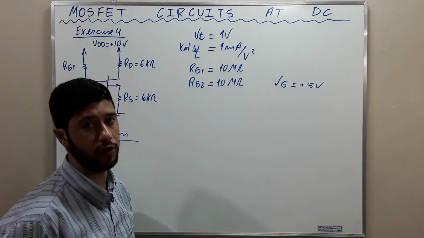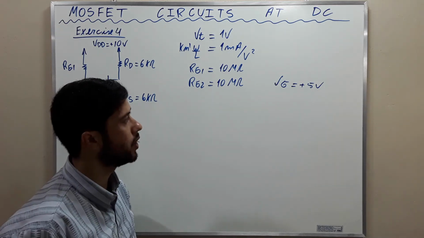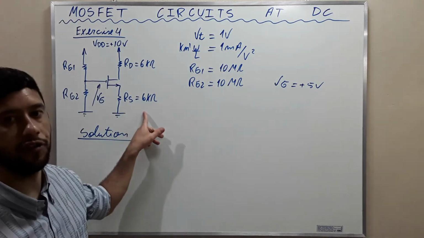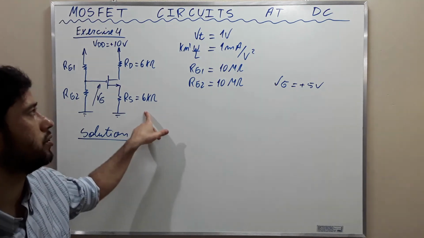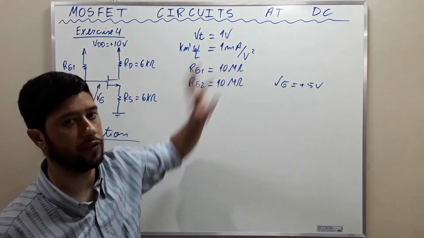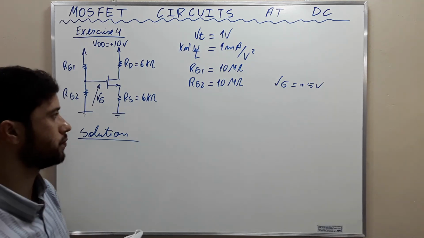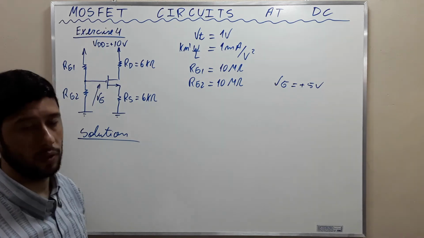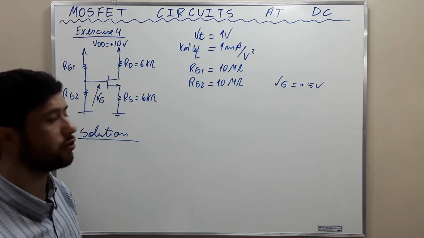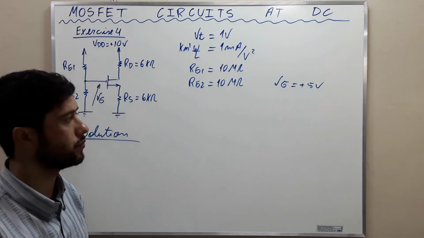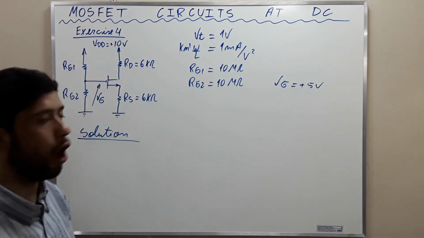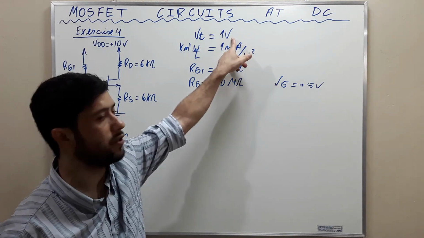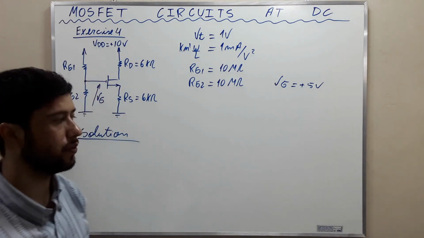Okay, there is a channel for current conduction. So we know that the device is on because Vg is greater than Vt. But we don't yet know whether the device is operating in triode or in saturation. We don't know this yet. All we know is that since Vg is greater than Vt, it is conducting. The channel is open.